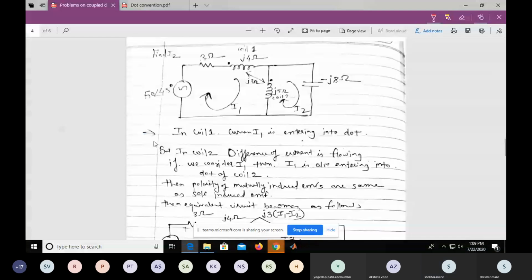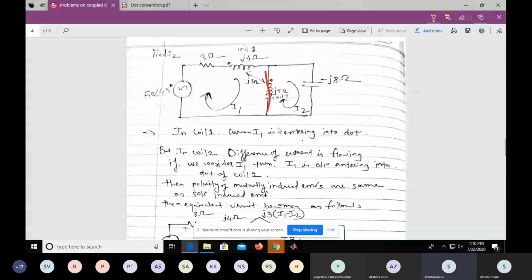Now you can see there are two coils. One dot is here and the other dot is here. Now there are two currents, I1 and I2, flowing in coil 2.